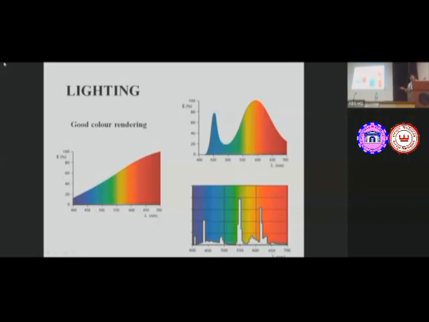You can see these are the spectra. The white lines are the spectrum of the light source. This is just a reference image, whereas this is for an incandescent filament lamp or halogen lamp. But today we are going towards LED lamps. In that case we get a spectrum something like this.